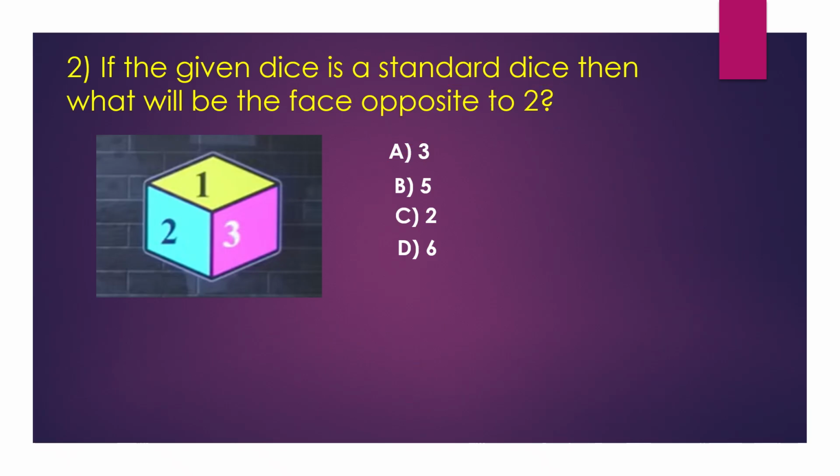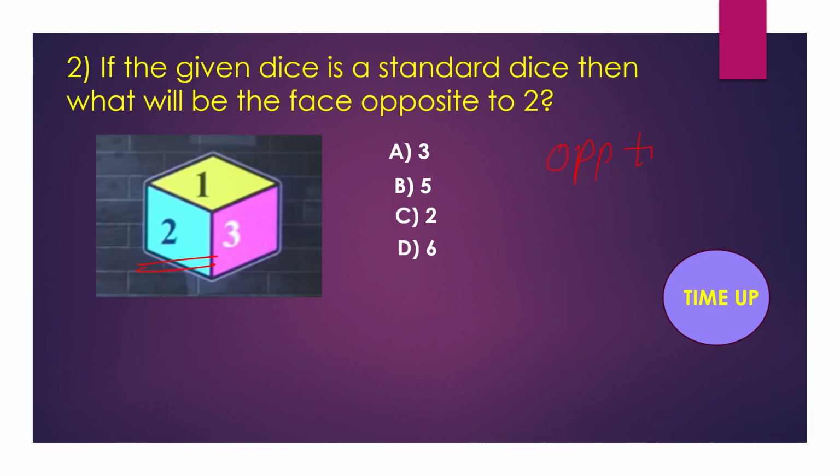Next one, and your timer starts now. Time up. If the given dice is a standard dice, then what will be the face opposite to 2? So opposite to 2 is asked.